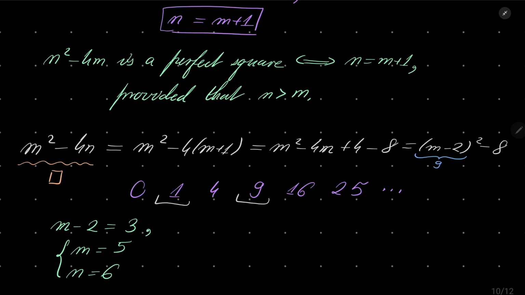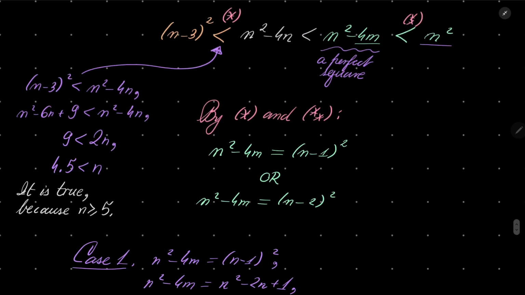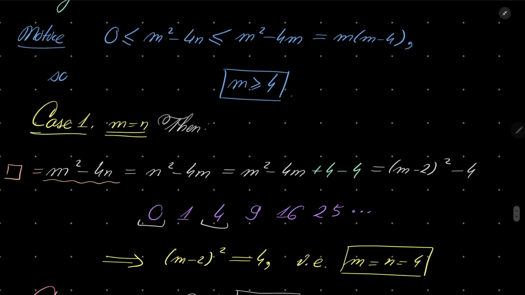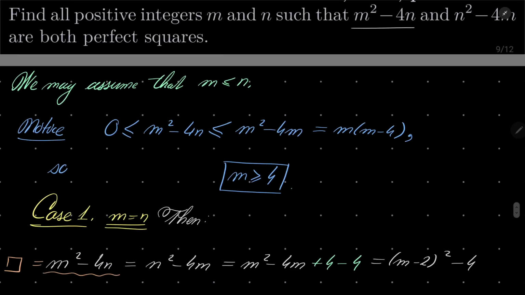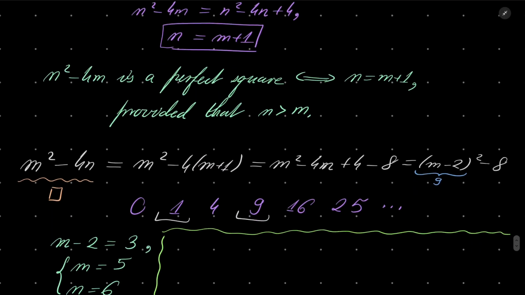So now let's combine everything together. All our solutions. Well, we have 4, 4. We have 5, 6. But remember that that's all when m is less than or equal to n. We can have it the other way around. So we have actually only 3 pairs of solutions.